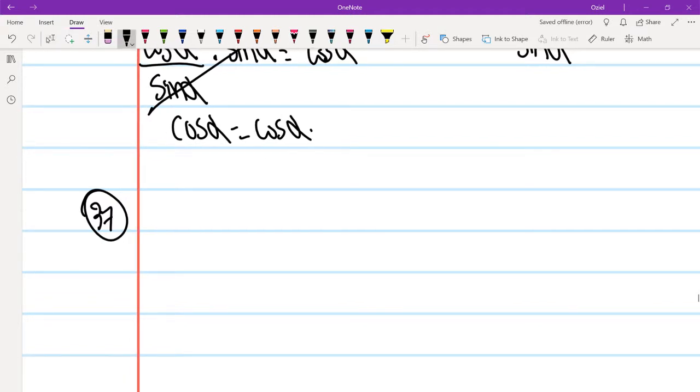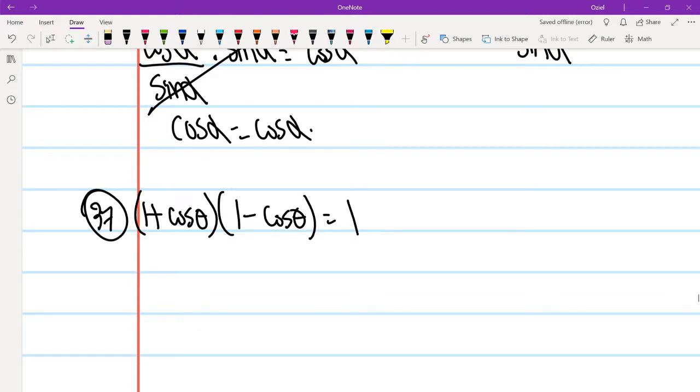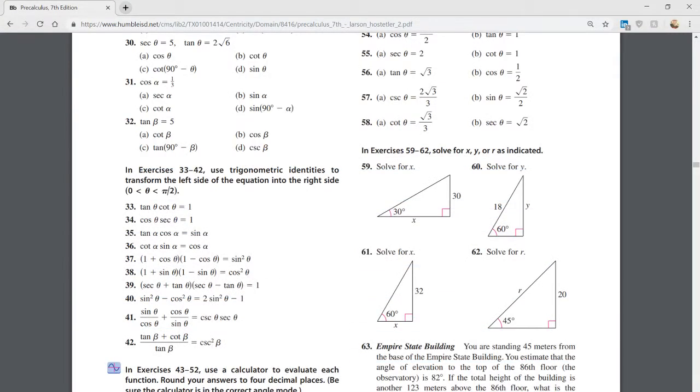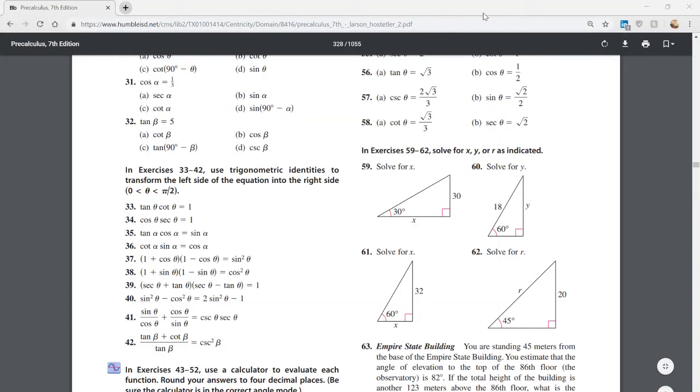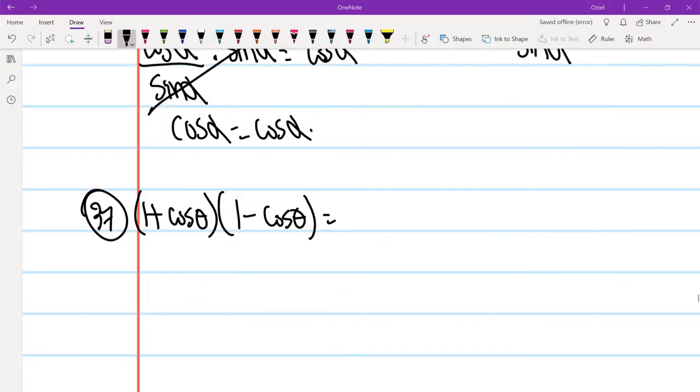So we would do 1 plus cosine of theta times 1 minus cosine of theta equals, my bad, it would be sine squared of theta.